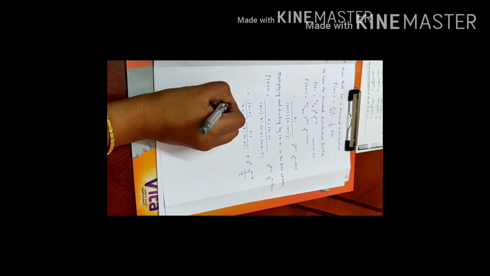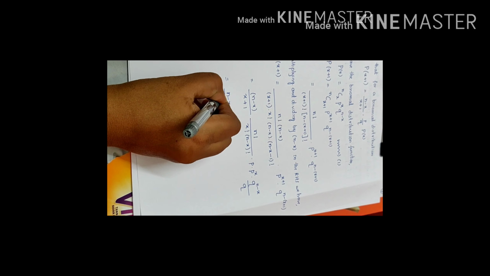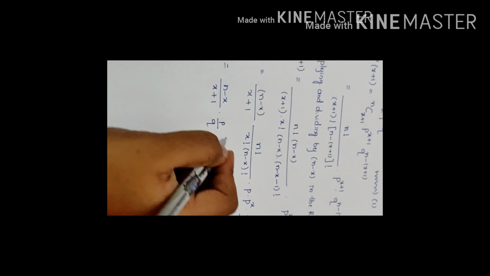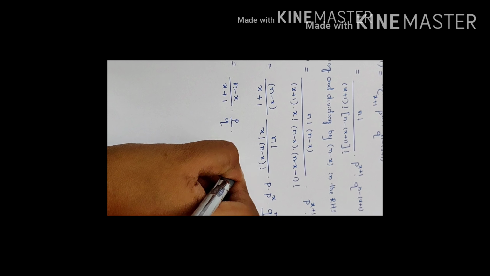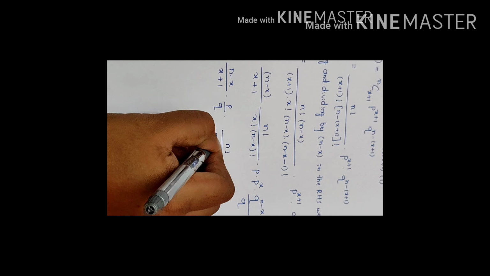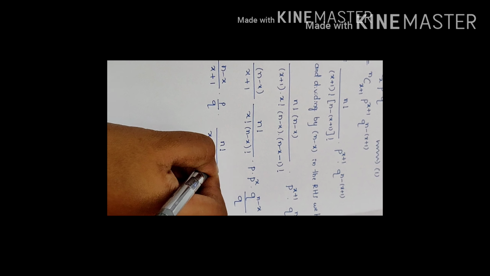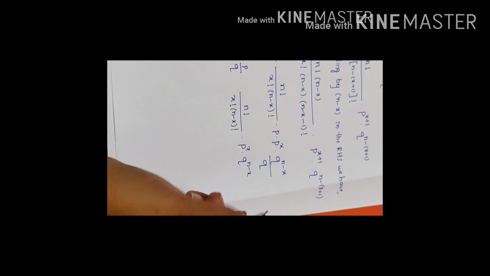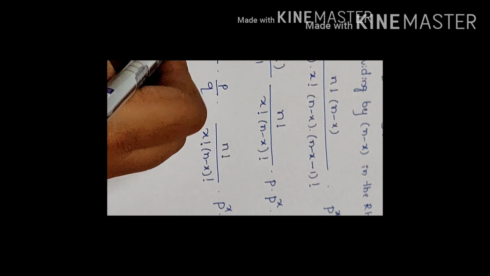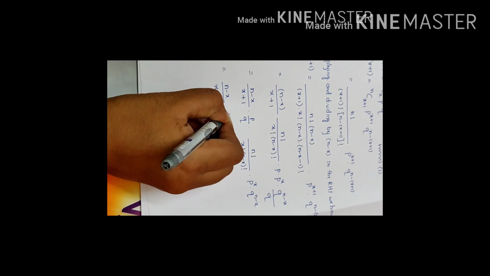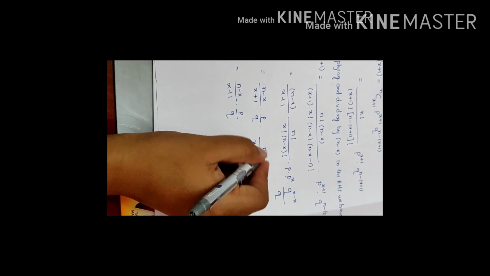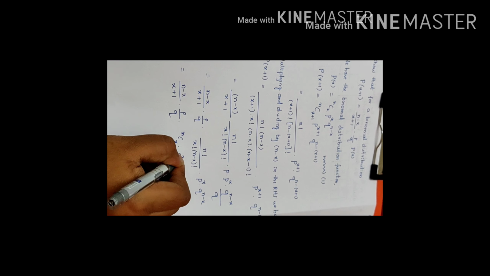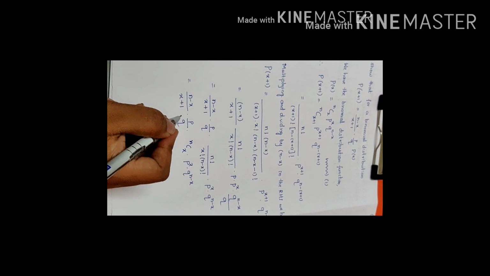So this is equal to n minus x by x plus 1, with this p and this q written as p by q. We are left with n factorial divided by x factorial into n minus x factorial into p raised to x into q raised to n minus x.